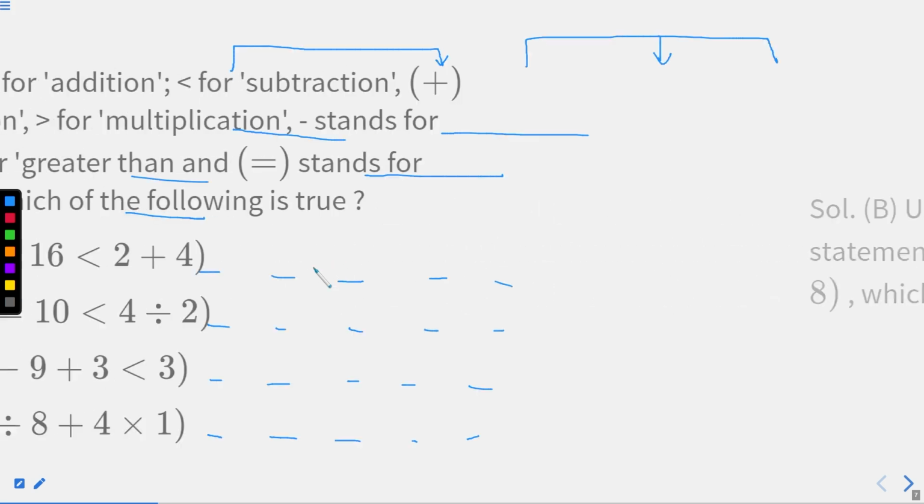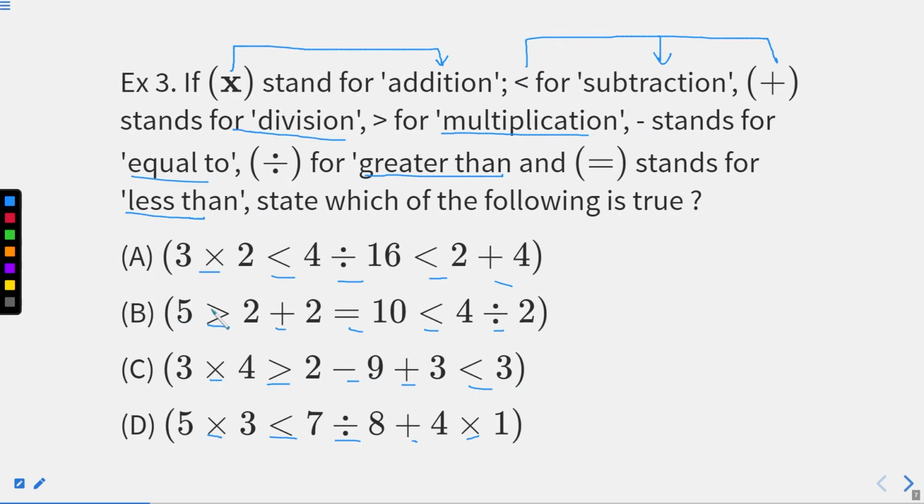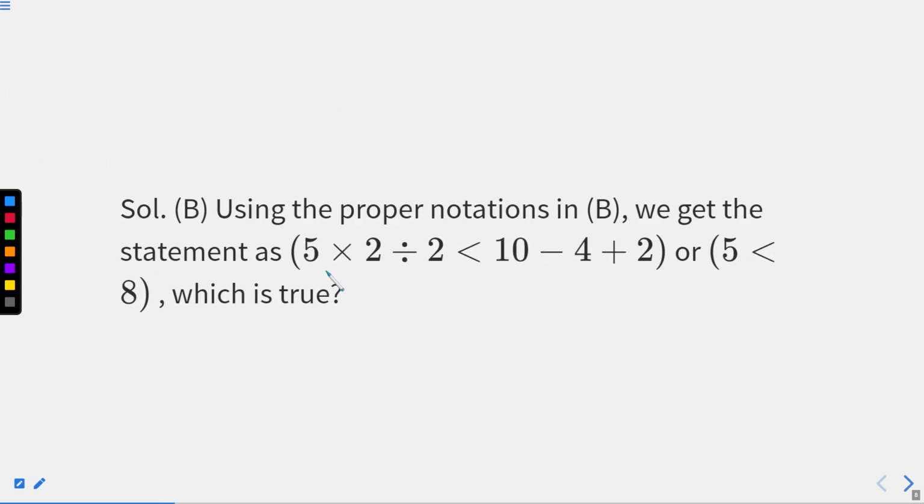First you can see that in option B, we have the symbol of greater than, then we have plus, then we have equals to, then less than division. This will be re-revised to multiplication, division, less than, minus and plus 2. Or if we solve it better, we'll find how.